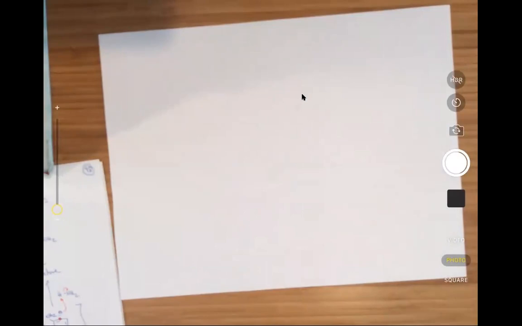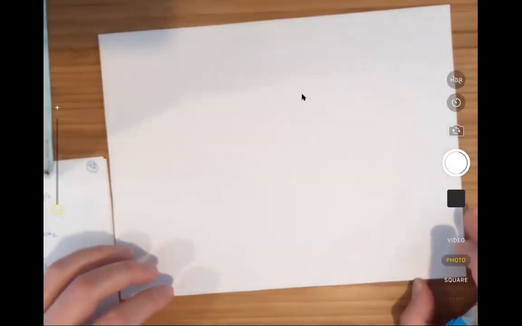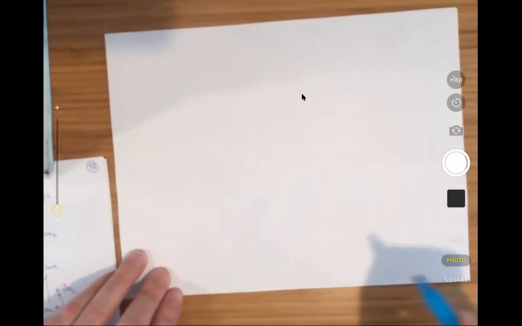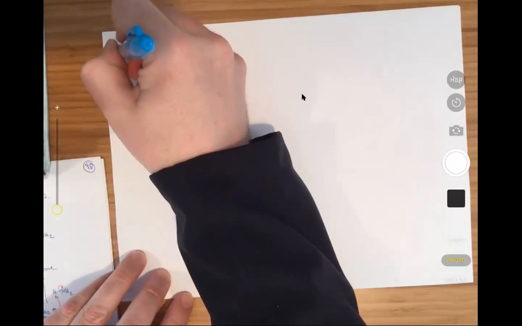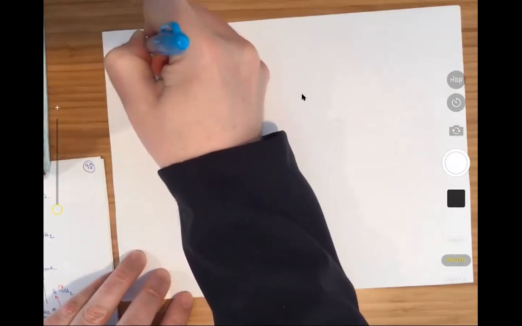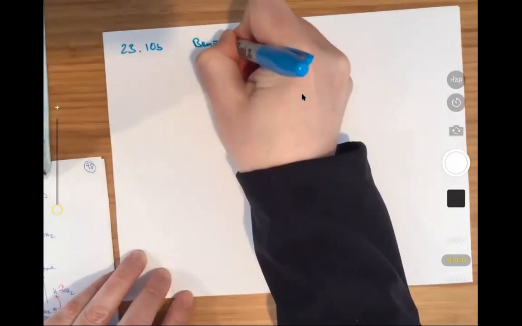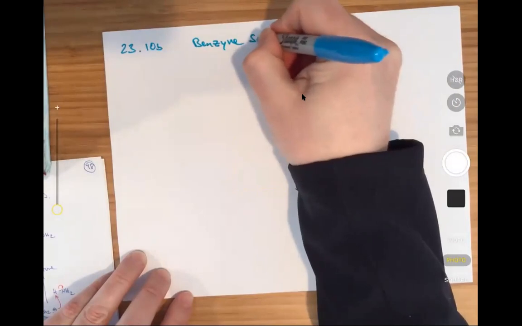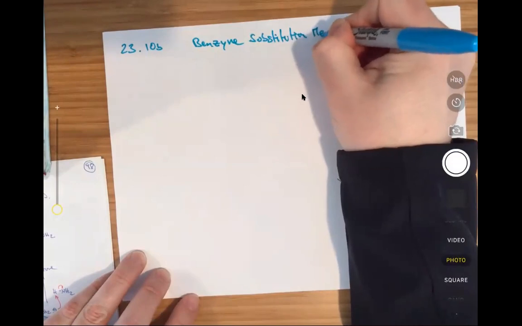So benzyne substitution is a similar mechanism that, at first glance, looks a little bit similar to the ipso substitution that we had talked about previously, where we substituted a t-butyl group or a TMS group, but it works a little bit differently. So bear with me for just a second. So 10b, this is benzyne substitution mechanism.